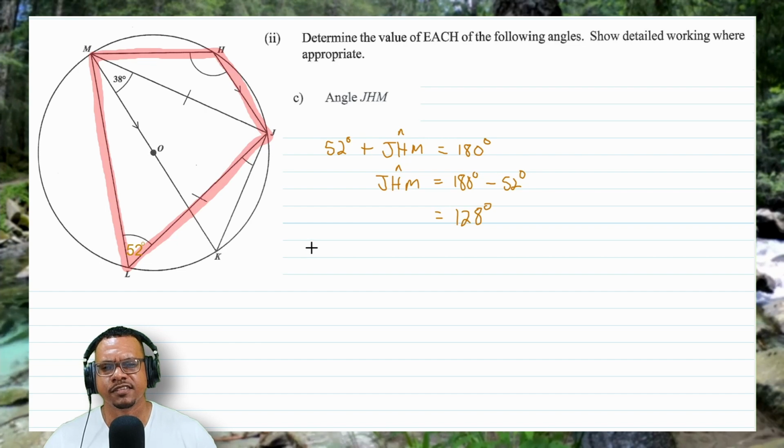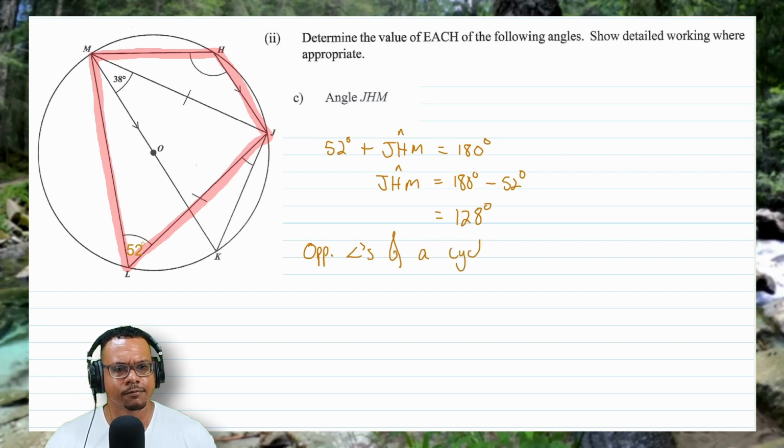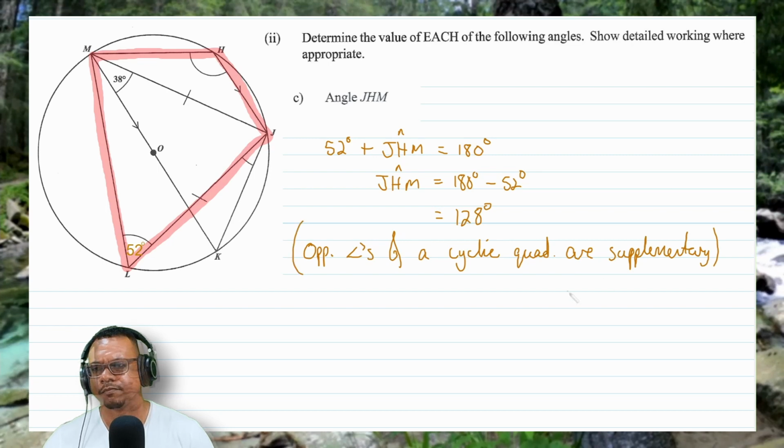So I write for my reason the opposite angles of a cyclic quadrilateral are supplementary. And of course, supplementary meaning two angles adding up to 180 degrees.